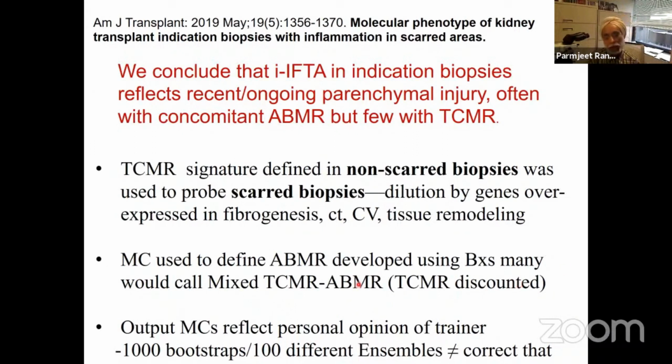And this is an illustration of how molecular classifiers really reflect the opinion of the person who trained them. You can do 1,000 bootstraps, you can do ensembles of 100 different algorithms, but you cannot correct for that bias. What does the person who has developed the classifier think the biopsy means?